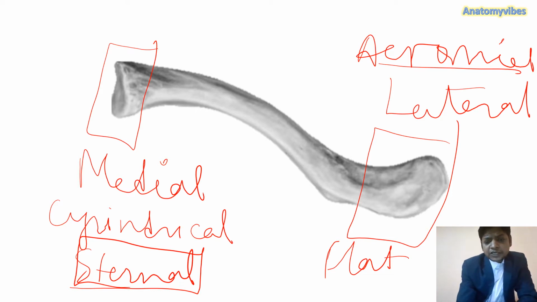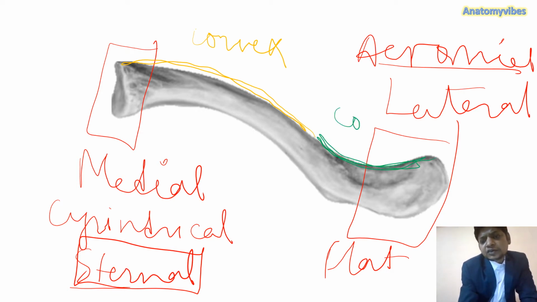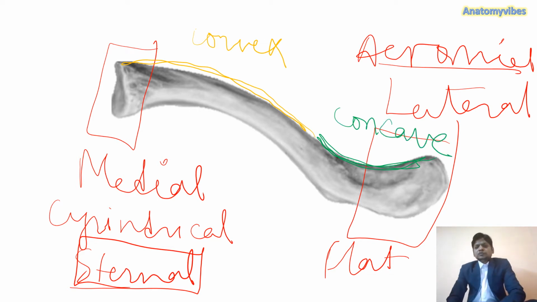Now you can observe that the medial part of the clavicle is convex anteriorly, while the lateral end of the clavicle, this part, is concave anteriorly. So by these two features you can recognize the medial and the lateral, and anterior and posterior side of the clavicle.